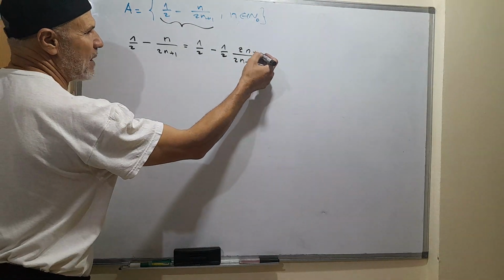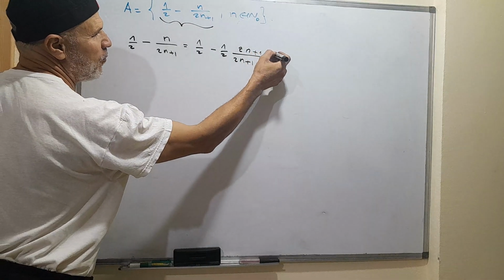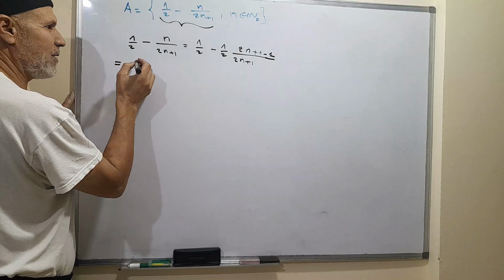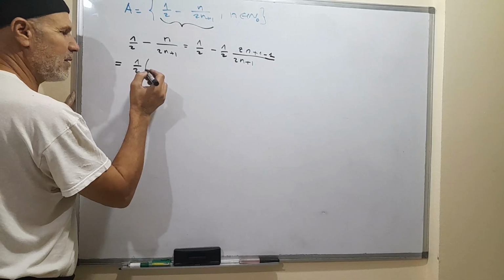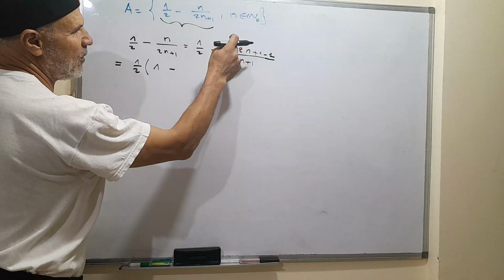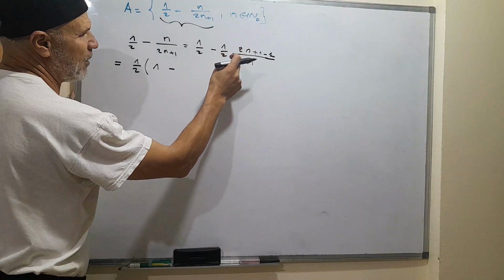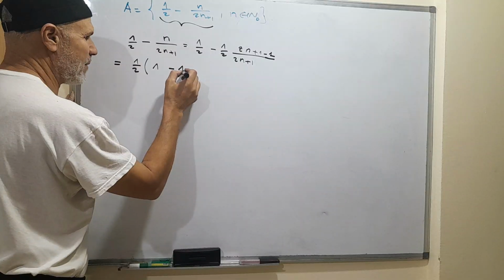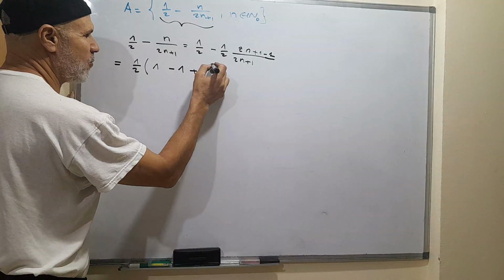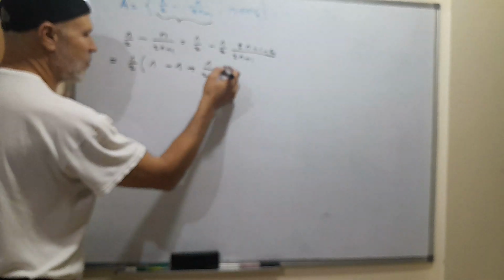We add plus 1 and take off 1, minus 1. And this will be equal to 1/2 times 1 minus 2n plus 1 over 2n plus 1. This means minus 1. And minus with minus means plus 1 over 2n plus 1.